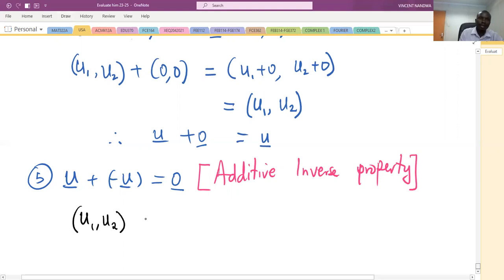When you say negative U, you are negating every element, so you have negative U1, negative U2. This will give you U1 plus negative U1, and then U2 plus negative U2.